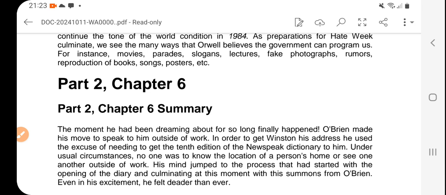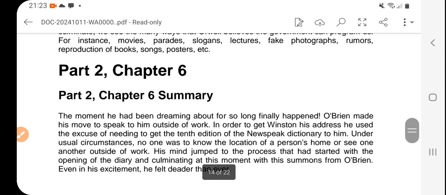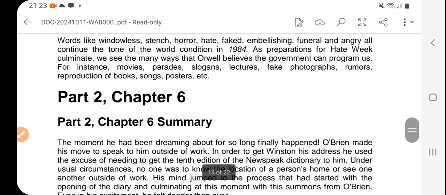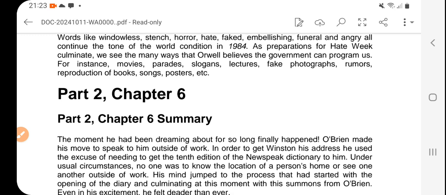For instance, movies, parades, slogans, lectures, fake photographs, reproduction of books, songs, posters, etc. Everything is moving according to the government.